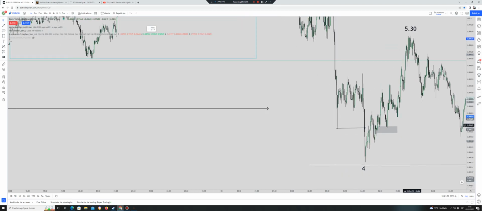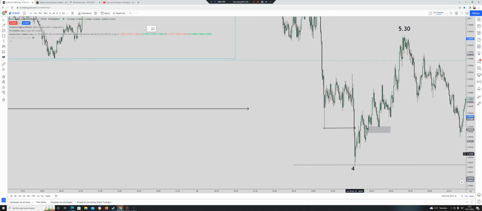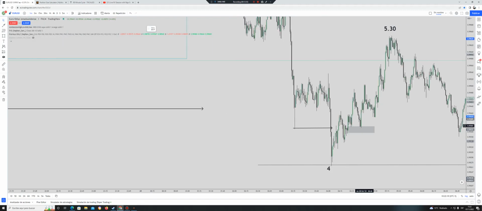When you have experience with the 90-minute cycle, you can easily place a buy here at 4, but look how you can just wait for a confirmation. Look, this price breaking this short-term high, and then here it comes 4:30, 4:40. Here you go, you buy order flow. Here you have your buy.